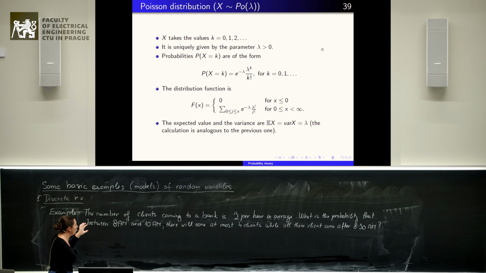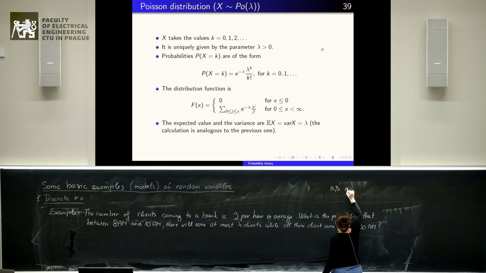But here we should use the information that the Poisson distribution is used for the number of events which are independent of each other.